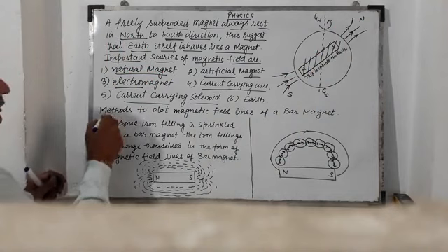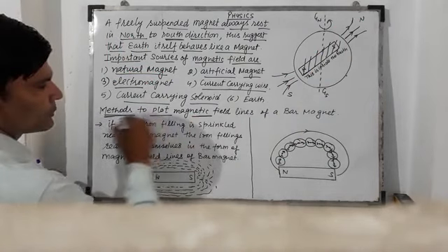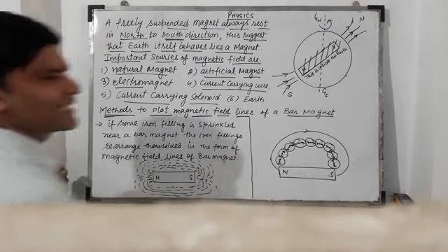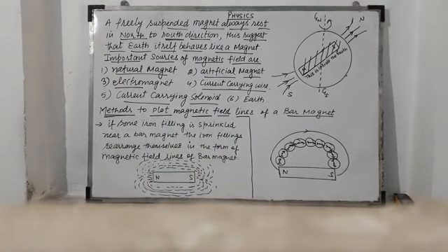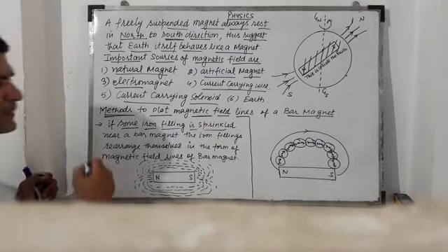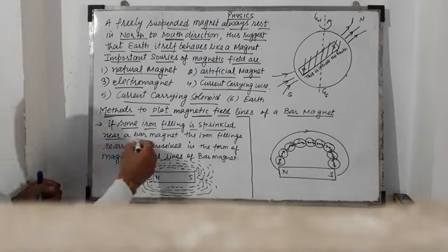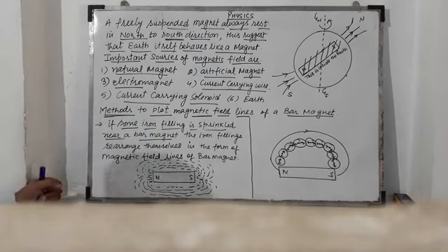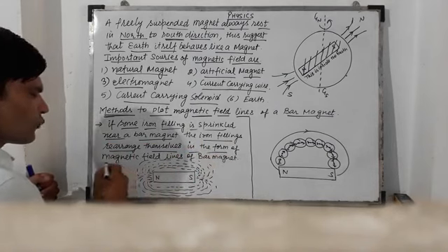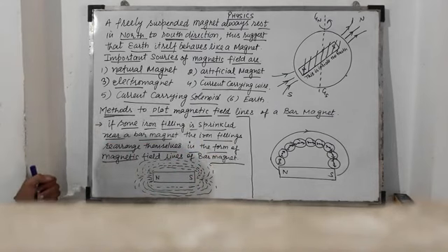Now the methods to plot magnetic field lines of a bar magnet. There are two methods to plot magnetic field lines or the magnetic field pattern of a bar magnet. The first method is that some iron filings are sprinkled near a bar magnet. The iron filings rearrange themselves in the form of the magnetic field lines of the bar magnet.